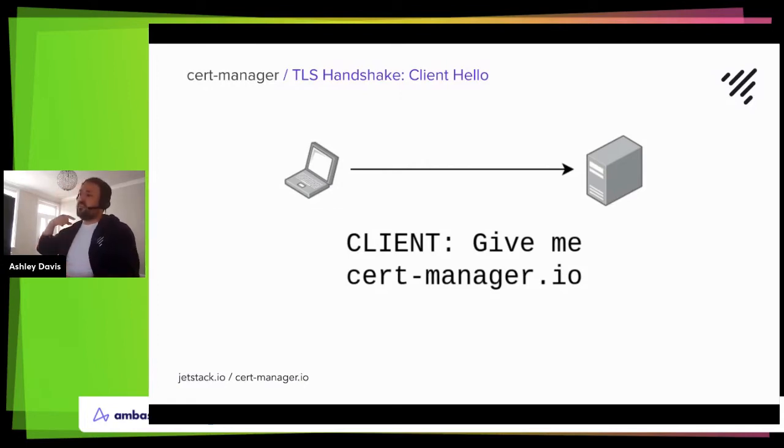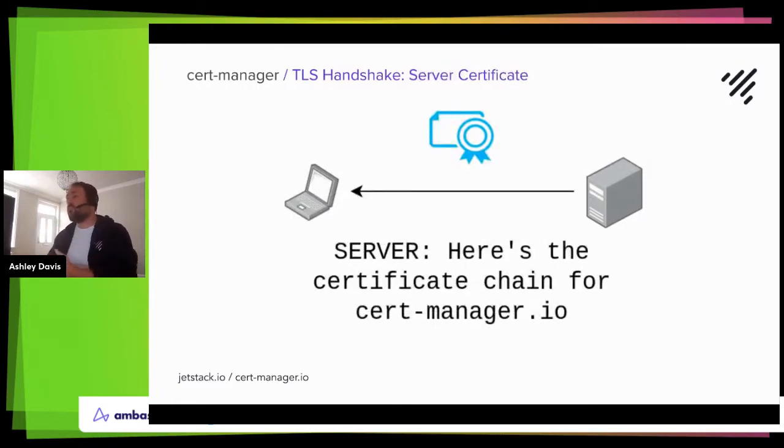It's reaching out and saying, hey, I want to connect to cert-manager.io, say if you typed it into your browser. After some DNS lookups and everything, it initiates a TLS handshake and says, I want cert-manager.io. The server receives that request and says, yeah, I know what cert-manager.io is. So here's the certificate chain that proves that I own it and am authorized to serve it.